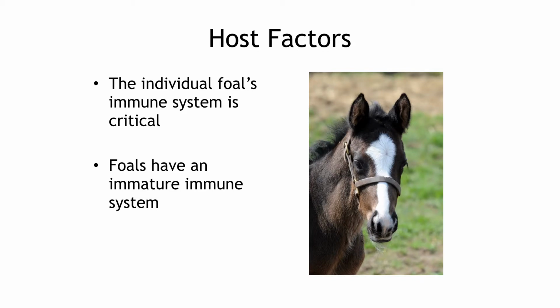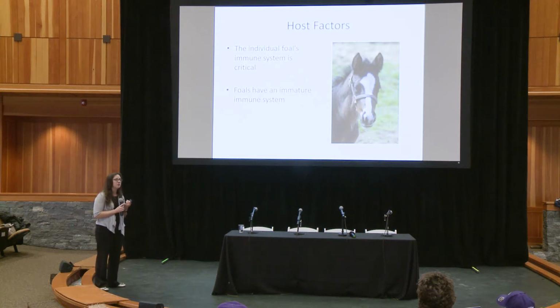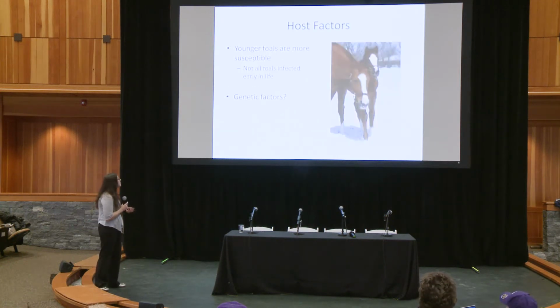Full immunology would be another separate lecture, but we know that there's a huge variation in their individual immune system, and that plays a really important role in if they get sick from Rhodococcus, if they're exposed, and how sick they get.